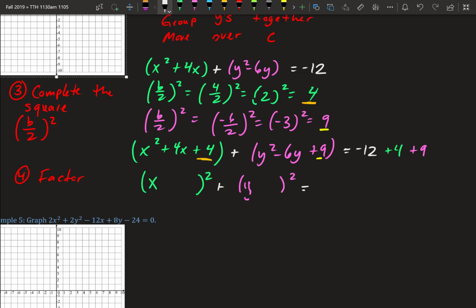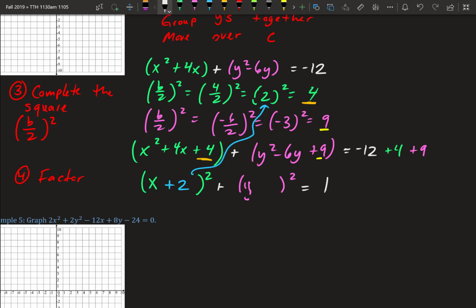And let's simplify the right side, so negative 12, 4, and 9, and we get 1. So what's going to go here is whatever we have for b, that's what we're going to put. So if we look back up where we have b, right here, it's 2, so we put plus 2. And we're going to do the same thing to this one.